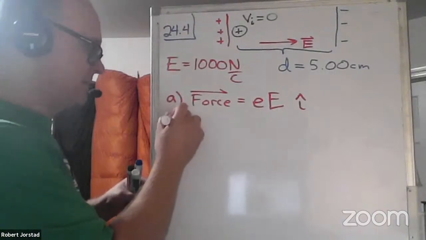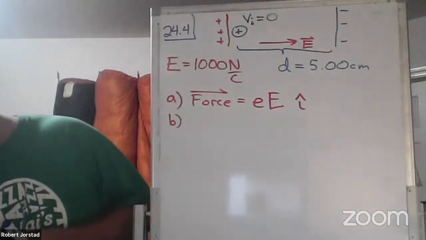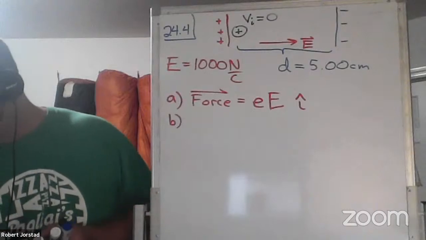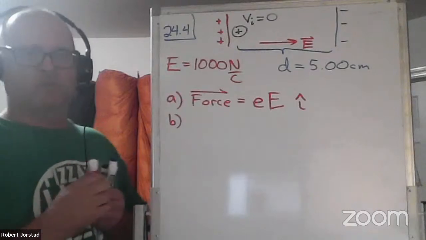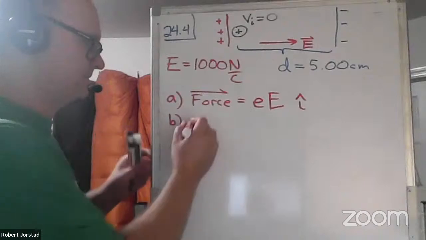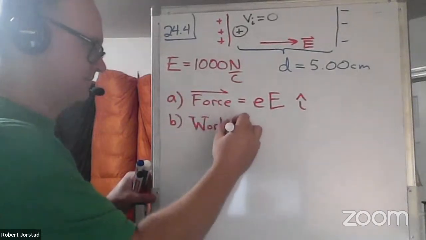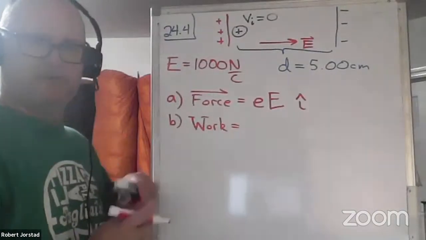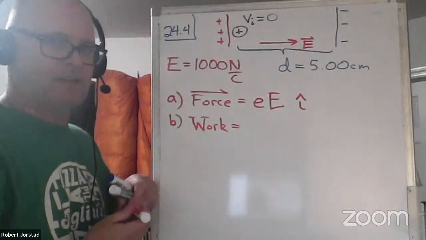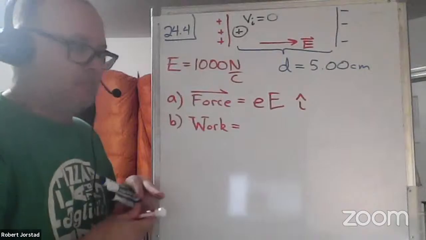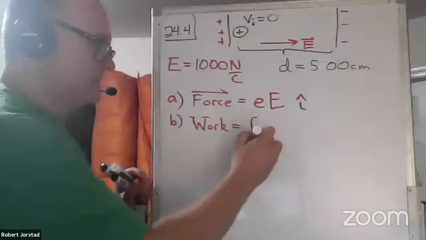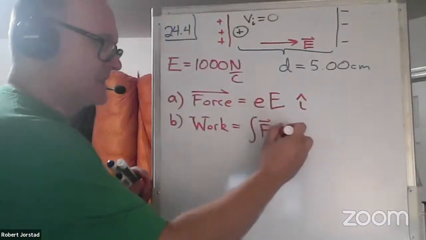Let's go to part B. Determine the work done. How do we get the work done? Does anybody remember any equations for work now that we know the force? There's the integral of force times distance. Okay, it's the integral of F dot ds.